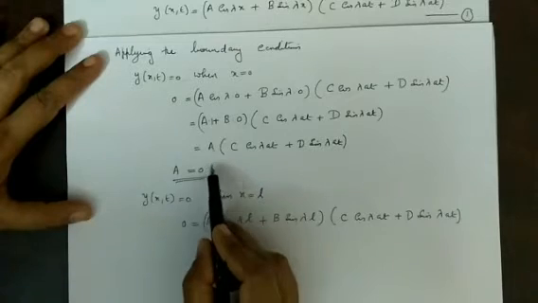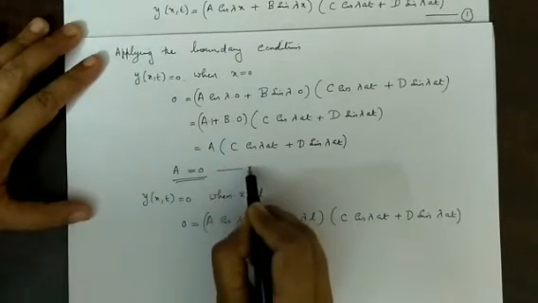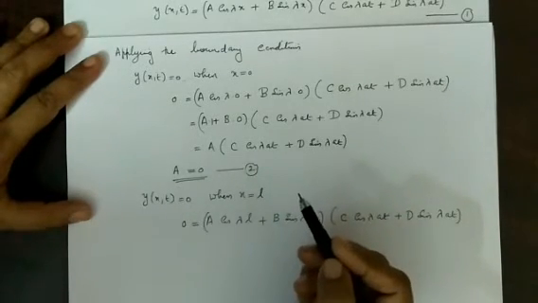From the first boundary condition we have a equal to 0; put it as equation number 2.